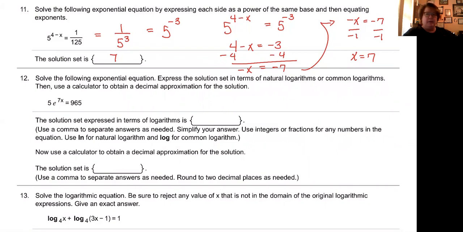So you're going to solve it first in terms of the logarithm, and then you're going to find a decimal approximation using your calculator. All right, to solve an exponential equation of this type, you must isolate the exponential. That means I need to get rid of the 5. I cannot solve this until I get the 5 out of there. So I'm going to divide both sides by 5. Let me write this over here.